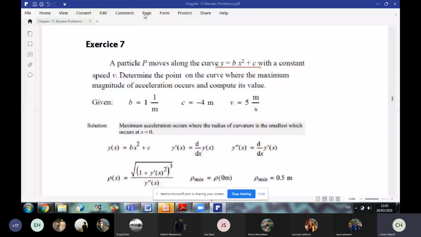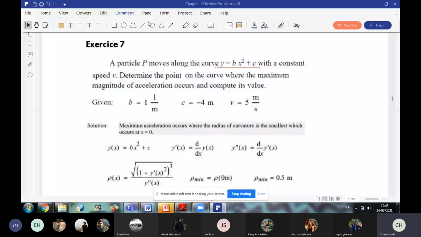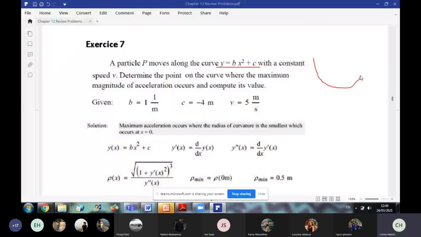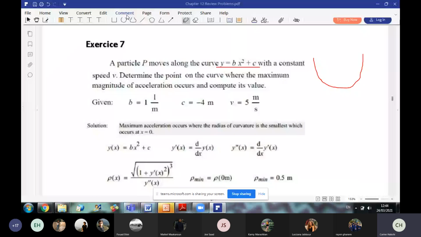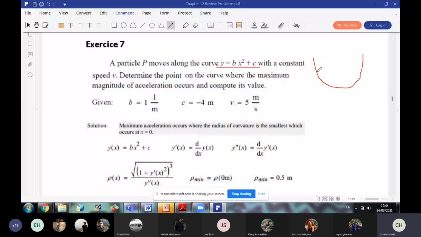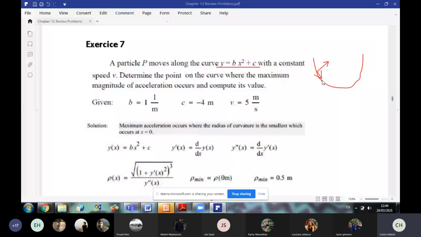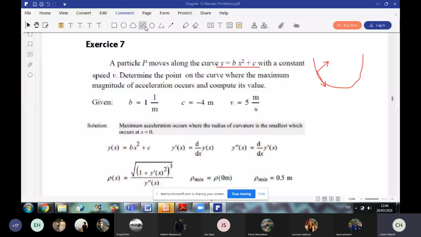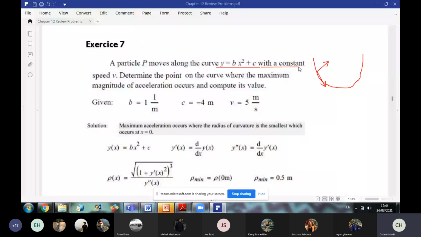Whenever we are moving on a curve, the acceleration is decomposed into two components: normal acceleration and tangential acceleration. In order to determine these values, if we read the given carefully, it says the particle is moving with a constant speed v.